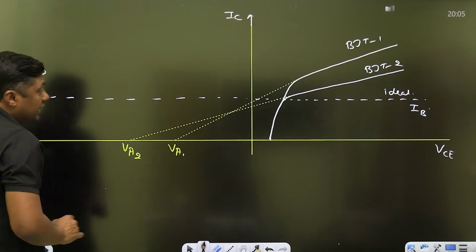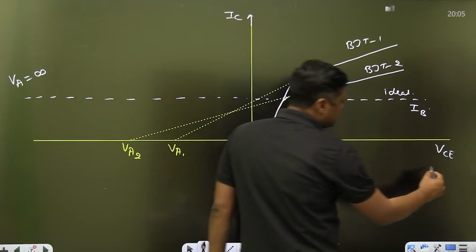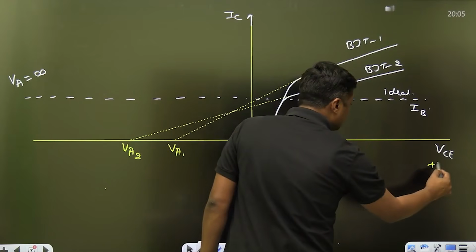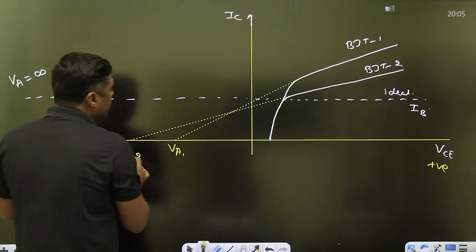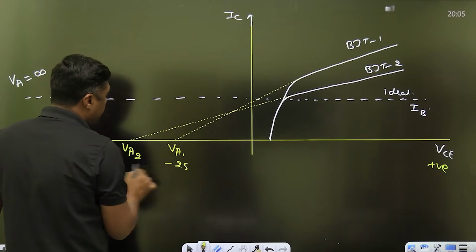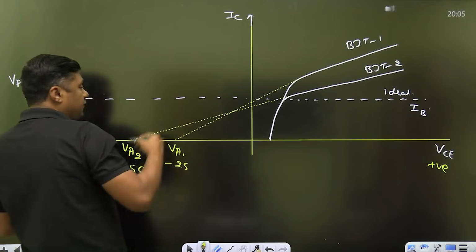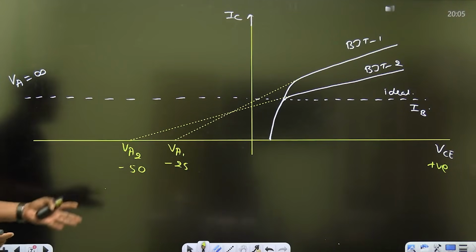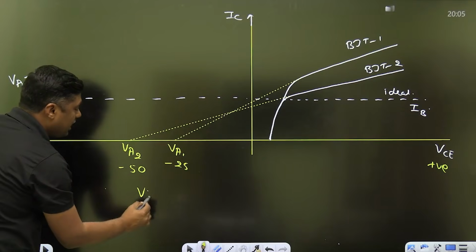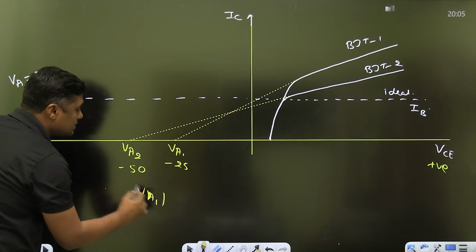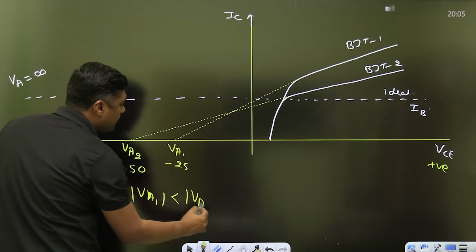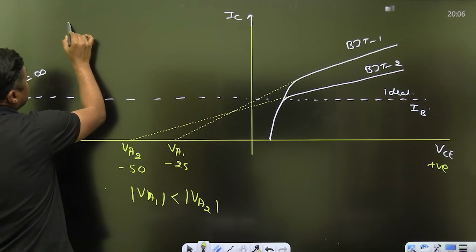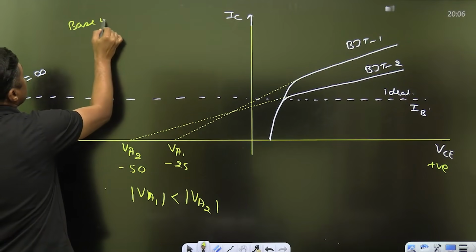Because if it is positive, then on this side the voltage will be negative, for example -25, -50 and so on. If it is negative, then it will be positive. That's why we consider the magnitude only. So the magnitude of VA1 is less than the magnitude of VA2. Remember, the early effect is called base width modulation.